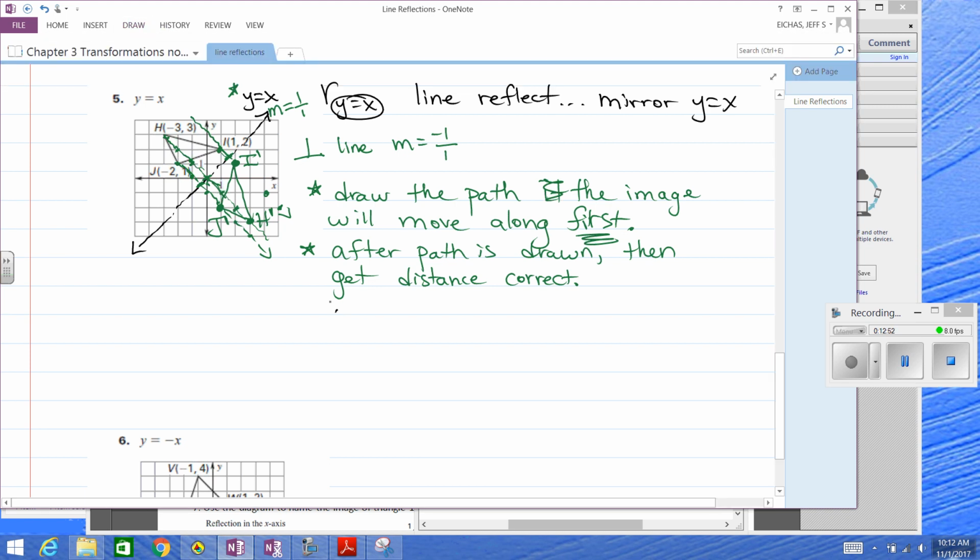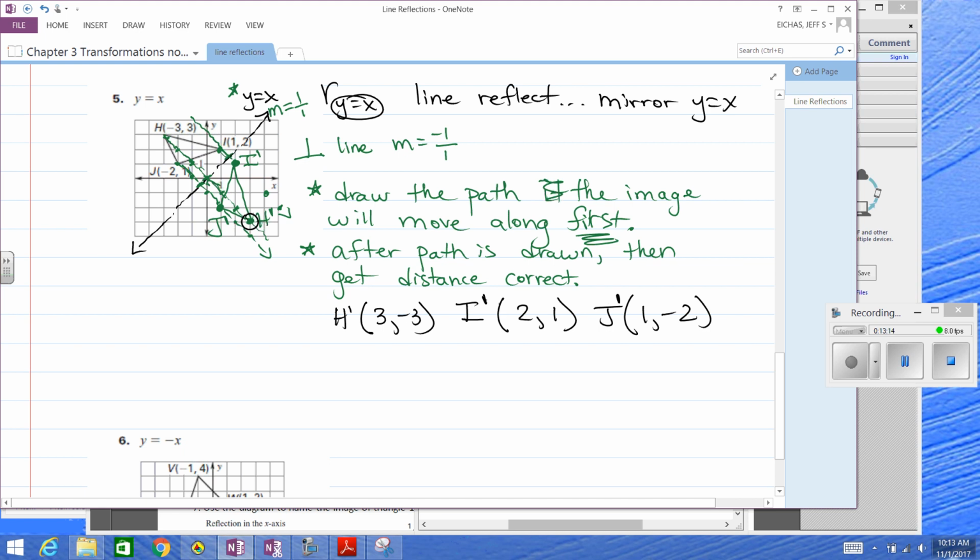Okay, so let's take a look. What were the coordinates? If we go with H prime, it landed at 3, -3. I prime went to 2, 1, and J prime went to 1, -2.